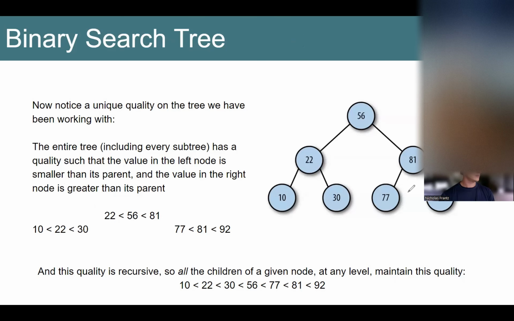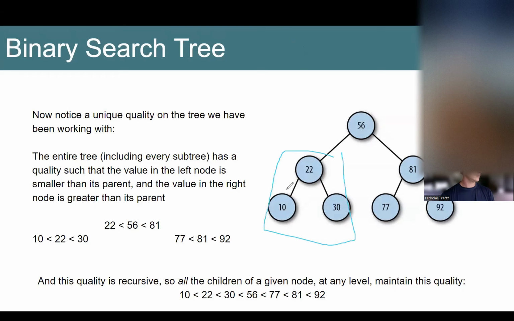Let's take a look at these three nodes down here. 10 is less than 22, and 22 is less than 30. Similarly, 22 is less than 56, and 56 is less than 81, so 81 is bigger than it. Then 92 is bigger than 81, and 77 is less than 81.